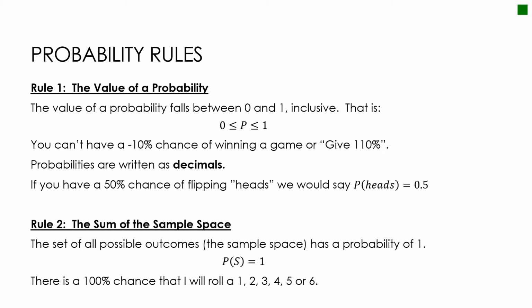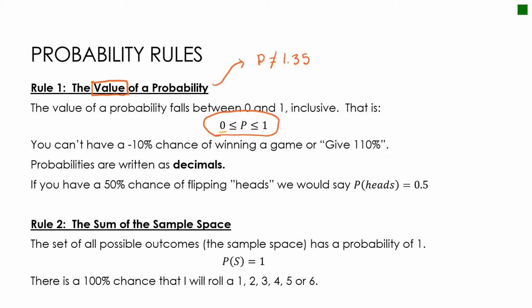So let's look at a few of the rules of probability. The first is the value of a probability, and this seems pretty straightforward, but this is a great place where you might get some, say, multiple choice questions. If they tell me that the probability is, say, 1.35, so 135% chance, we know that that is not the case because probability has to be between 0 and 1 inclusive, which means I can have a probability of 0.